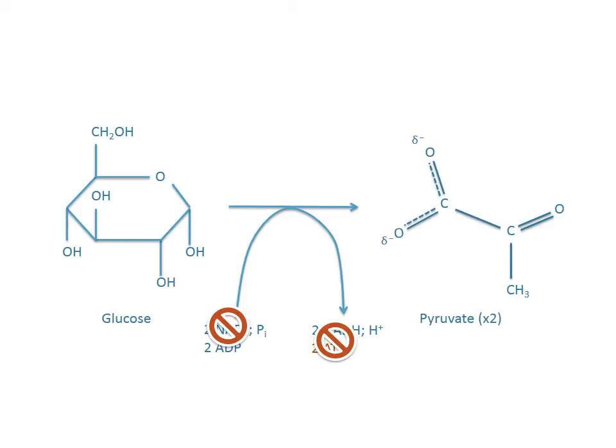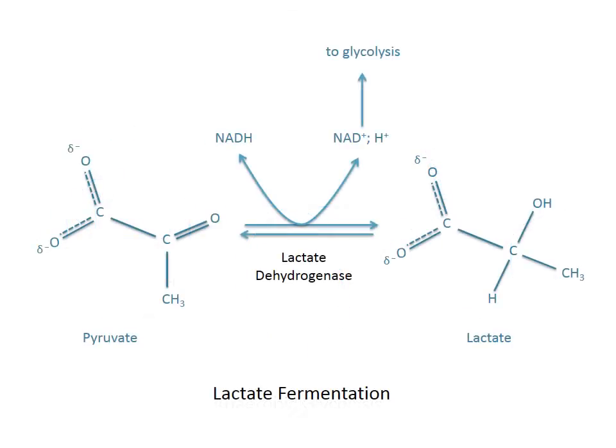Now that we've regenerated that NAD plus, glycolysis can resume and we can make those two ATP from each glucose. This is called anaerobic glycolysis. The enzyme that catalyzes lactate fermentation is called lactate dehydrogenase, and it's actually a really important enzyme, so I'm going to take a closer look at how that works.